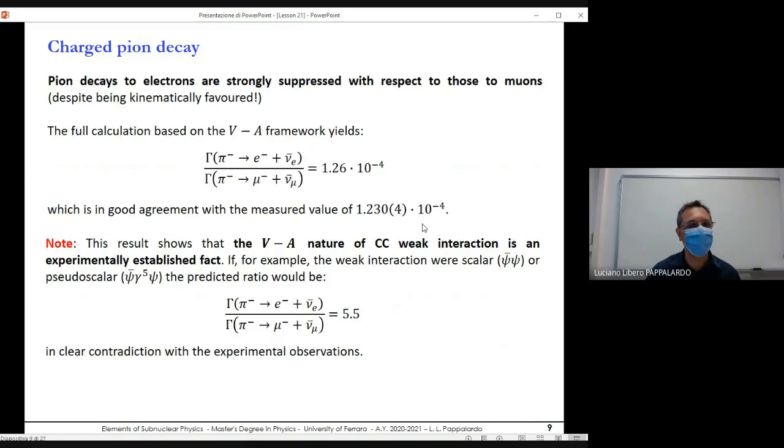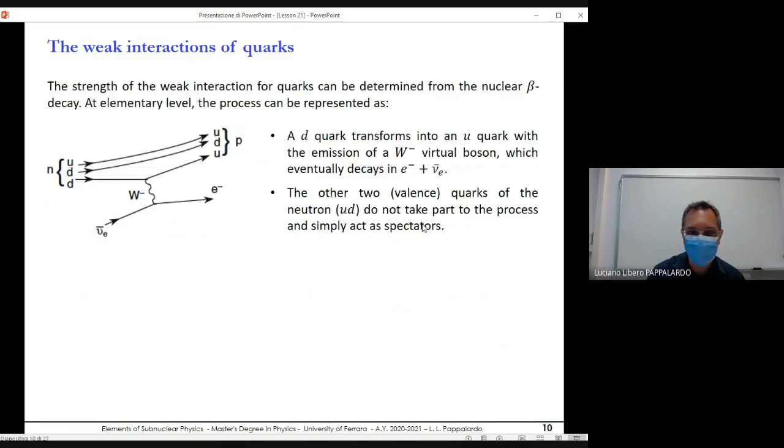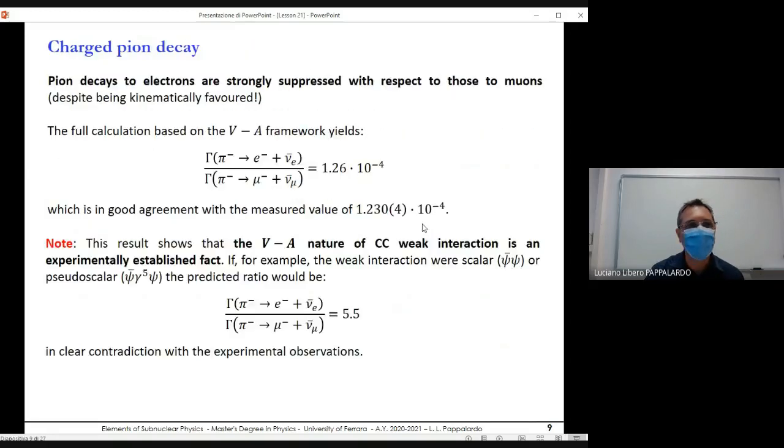So the decay of the charged pion is very strong proof of the V minus A structure of the charged currents. I hope I convinced you about this. Is that clear so far?